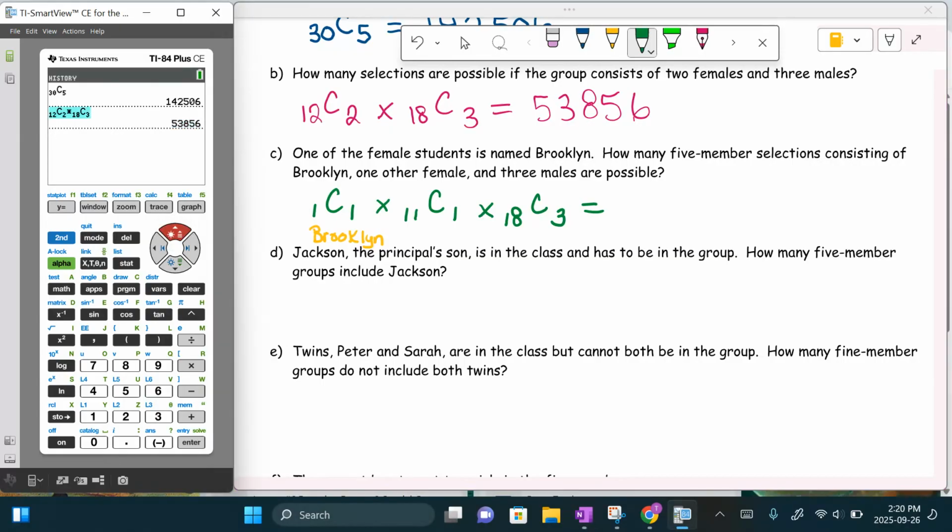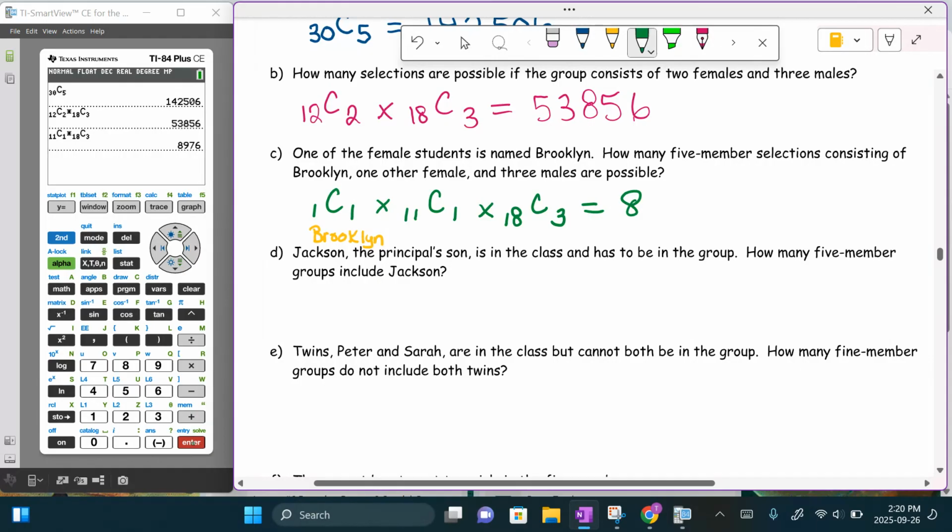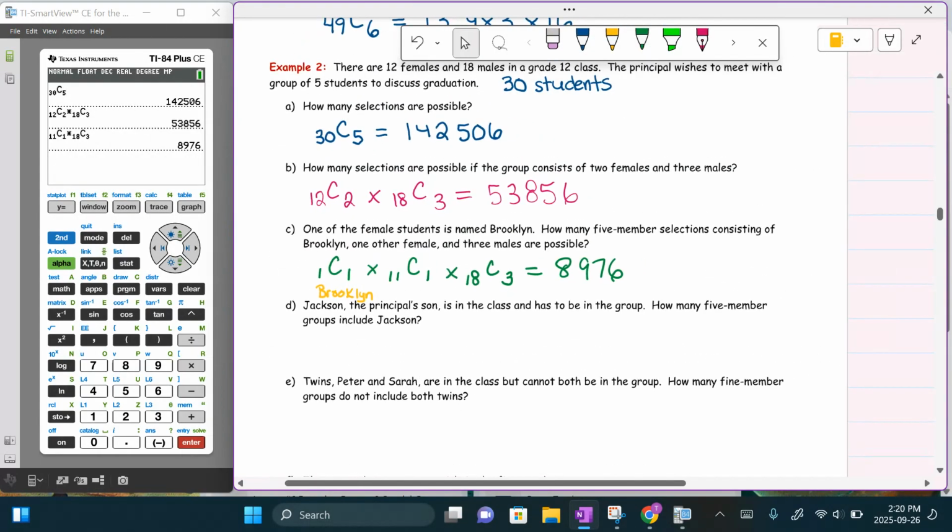I'm going to actually just grab this. So since it was there anyway, I'm going to, because I'm cheating. So 8,976. Now please make sure, guys, don't get confused, because technically could they write this like this?